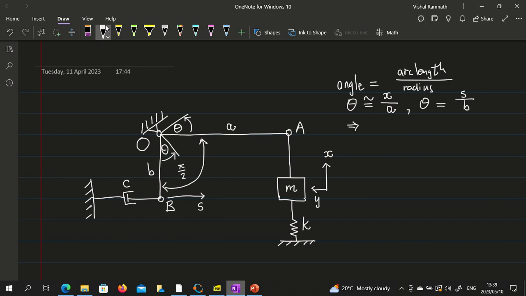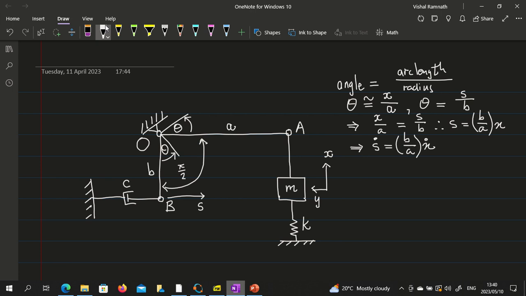Equating them, it follows that x over a is equal to s over b, therefore s is equal to b over a times x, and that would imply that s dot is equal to b over a times x dot.